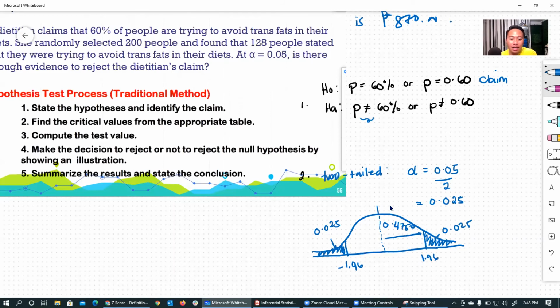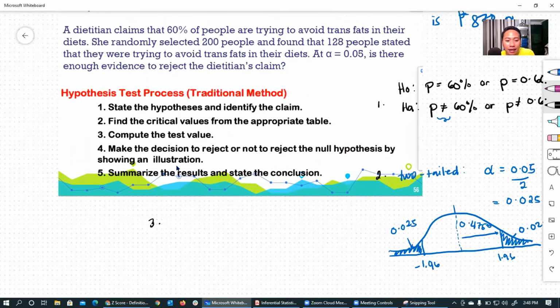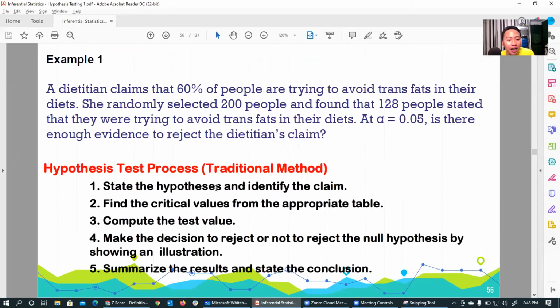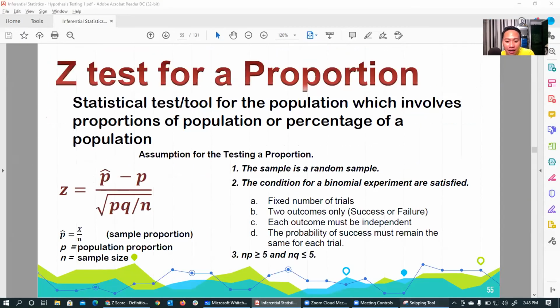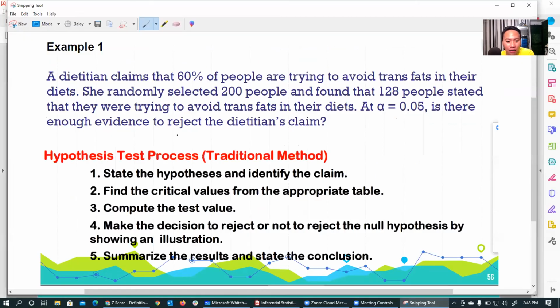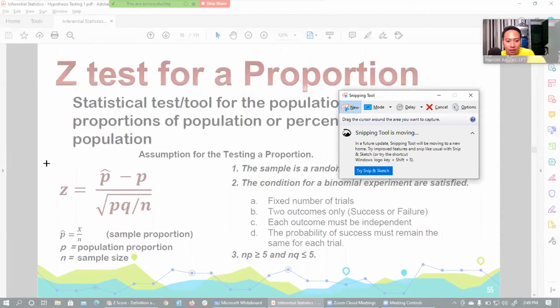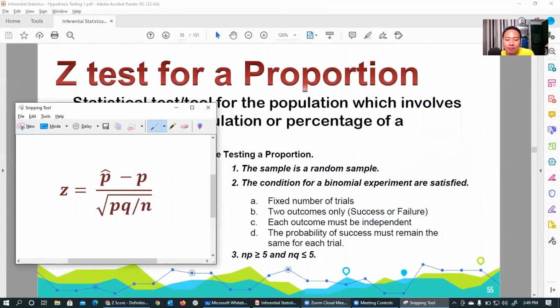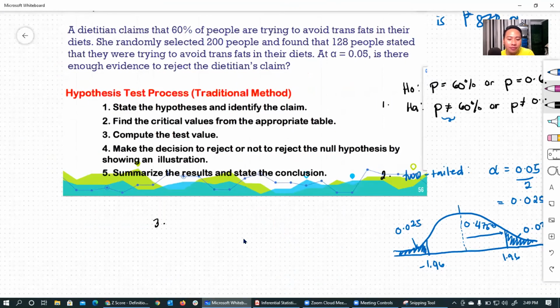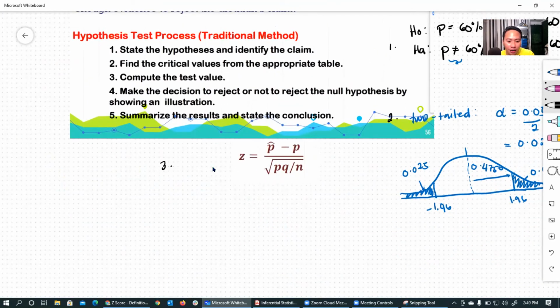Okay? Now, our step 3 is solving for the test value. This time, we're going to be using a different formula, but this is going to be the formula that we're going to be using. Let me take a screenshot. Here.